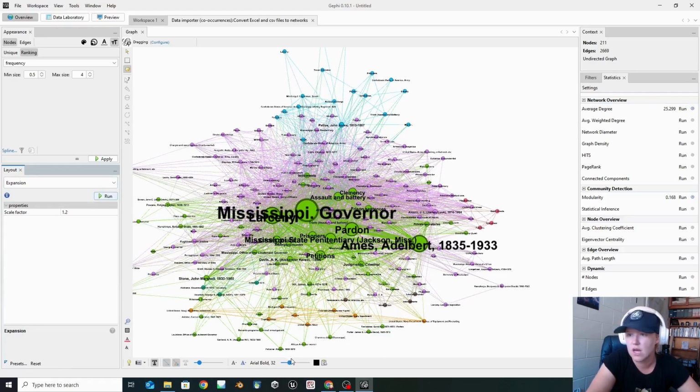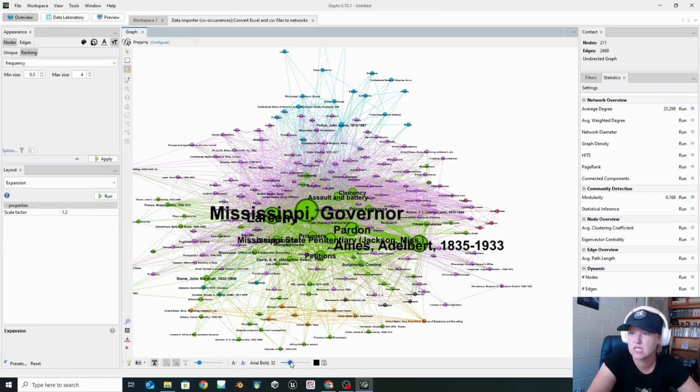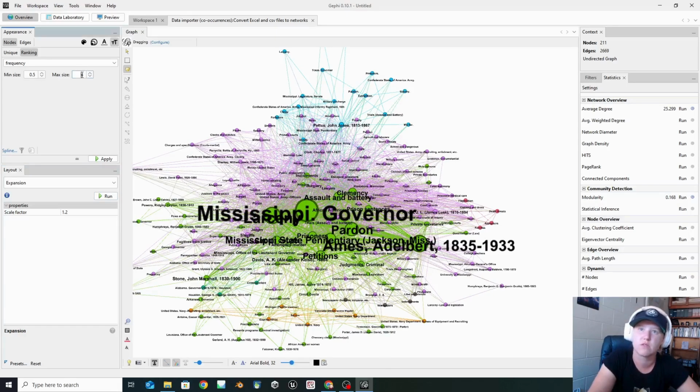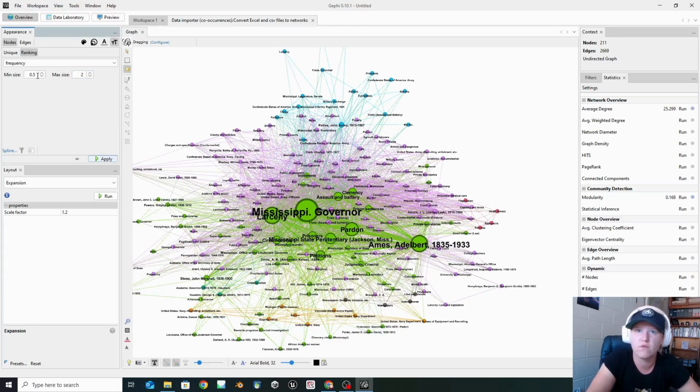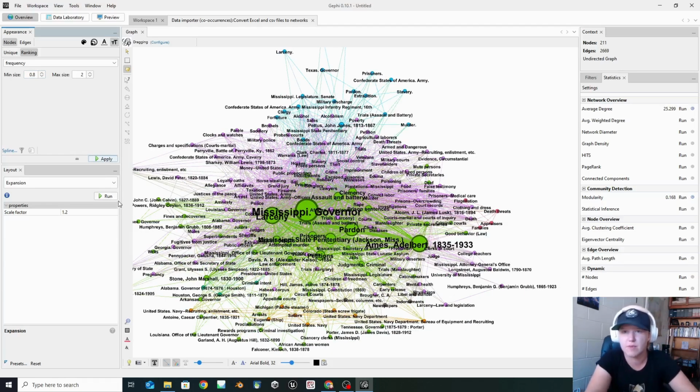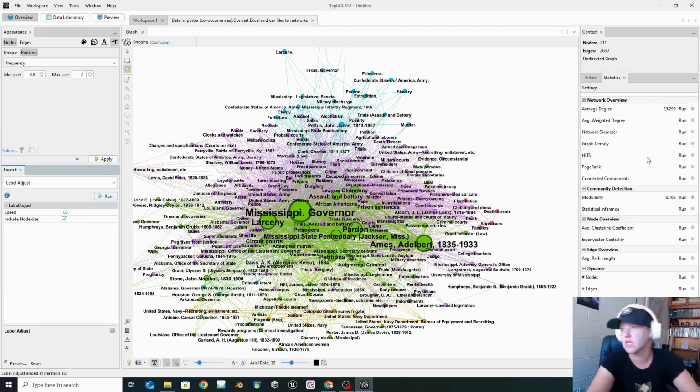There we go. Then I'm going to make this text just a smidge bigger. I'm going to reduce the max size on this so that hopefully we can see. No, I don't want that one. Let's do 0.8. So some of this is a little bit of playing around and seeing what can be done. There we go.